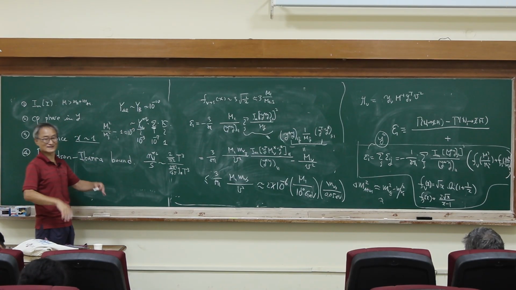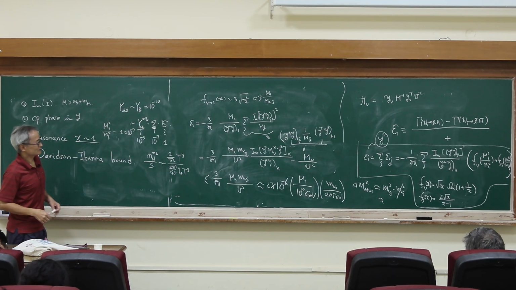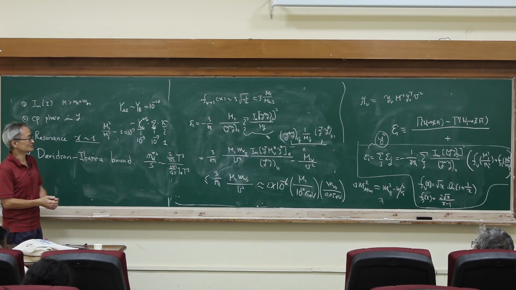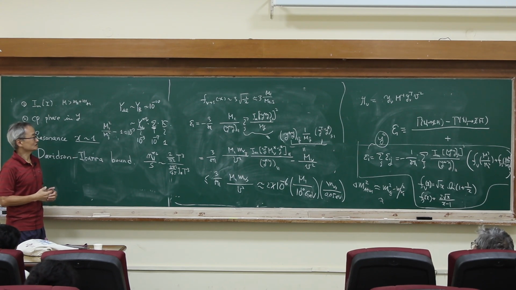Then you can compensate the small quantity of epsilon. So actually it's a general feature of the seesaw mechanism that the low energy seesaw is really difficult to realize proper leptogenesis.